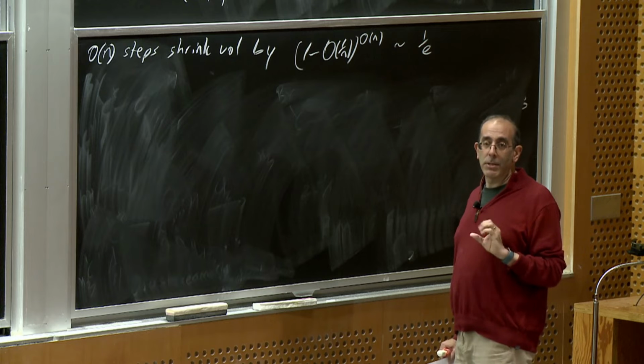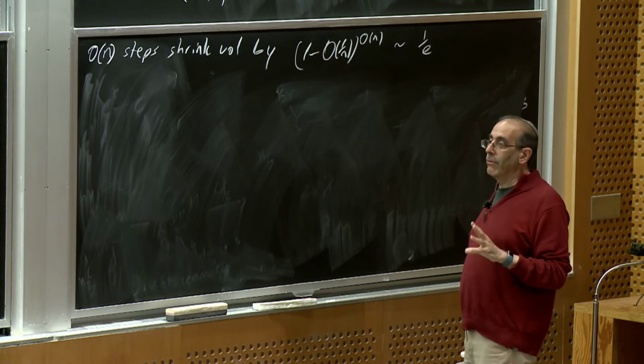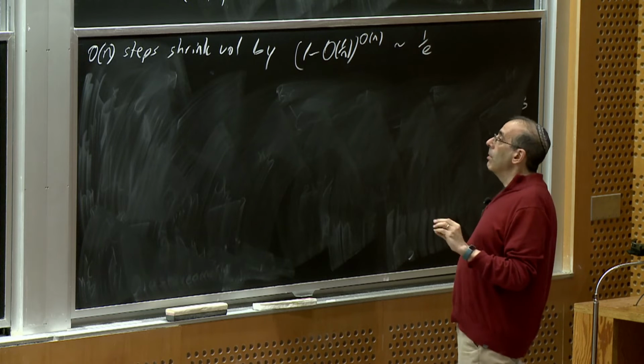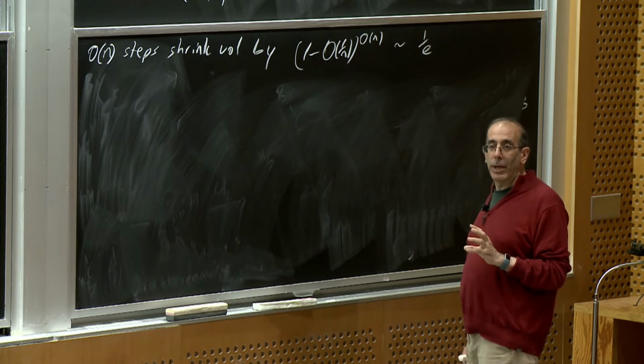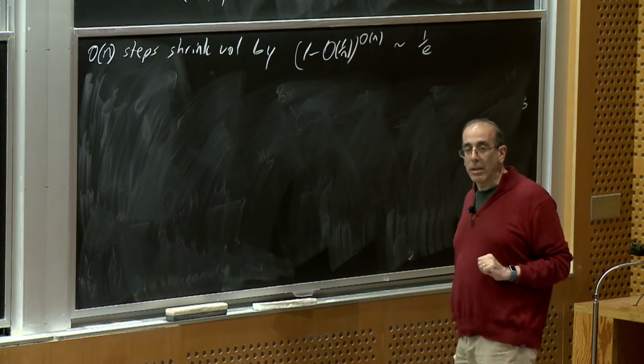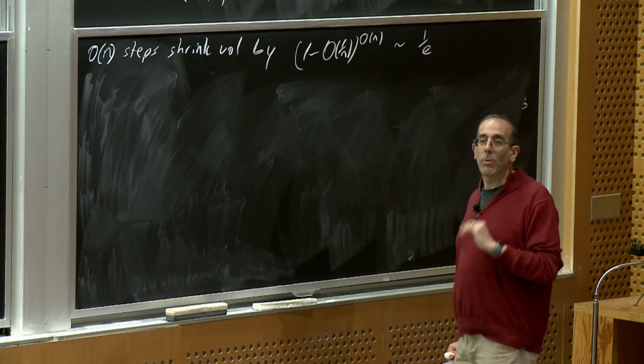If the denominator is smaller than the numerator, then the ellipsoid is actually getting bigger. So we can't make epsilon really big, but as long as we make epsilon small enough, the ellipsoid shrinks. And that's what we want it to do.